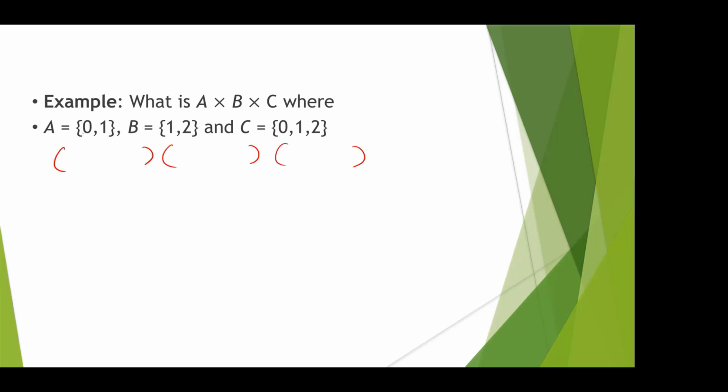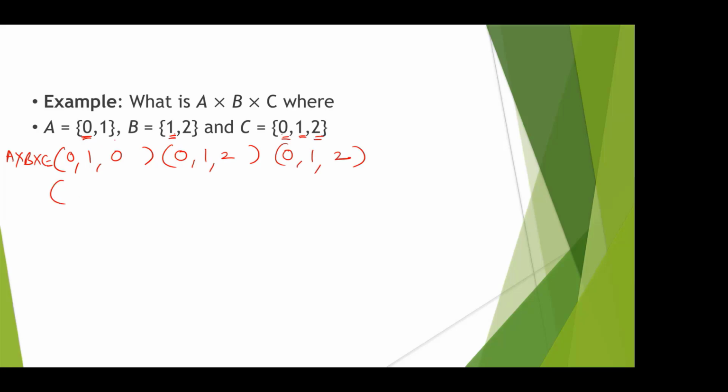Because one element will come from set A, one from B, and one from C. So if we start with the elements from A, we can say 0, and combine with the first element of B and the first element of C. Then 0 again, first element of B and second element of C. Then first element of A, first element of B, and third element of C.